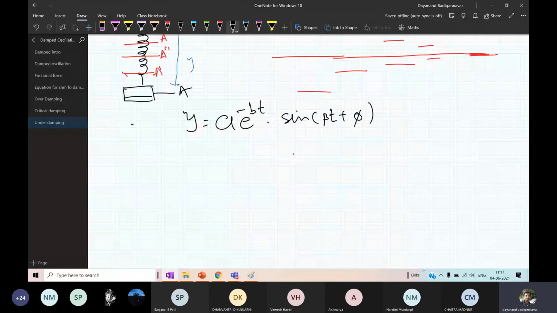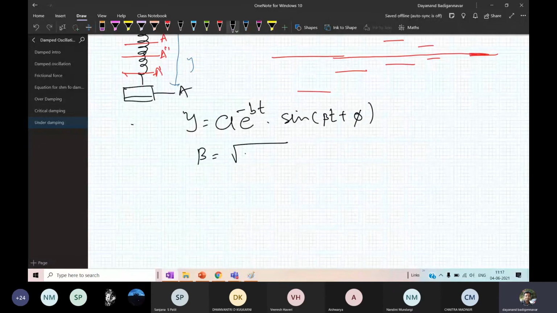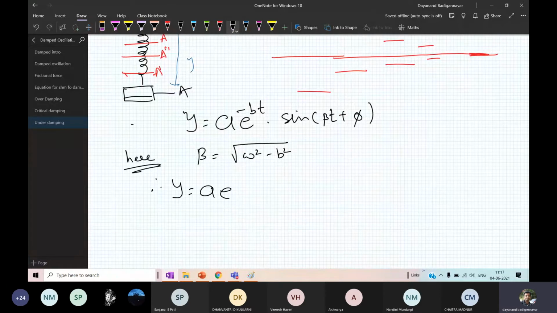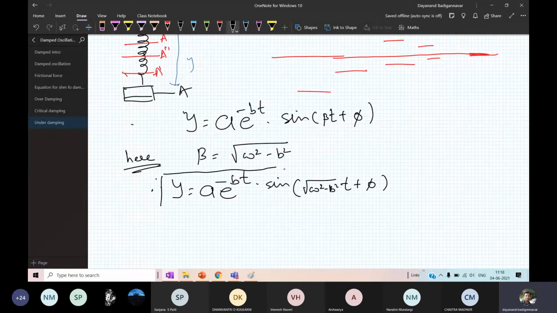Therefore I can write y as A e raised to minus bt into sine of root of omega square minus b square into t plus phi. So this is the equation for amplitude. You have to write it in this way also.